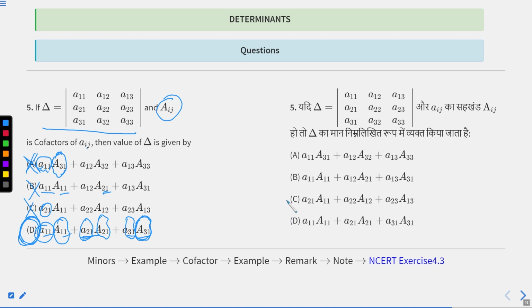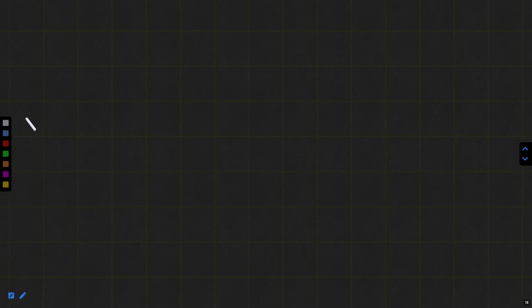I hope that you now have quite a good command of this topic of determinants, cofactors and minors. Cofactors and minors. Clear?